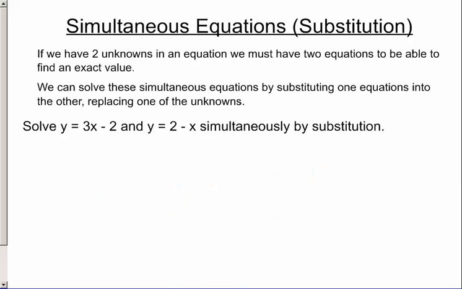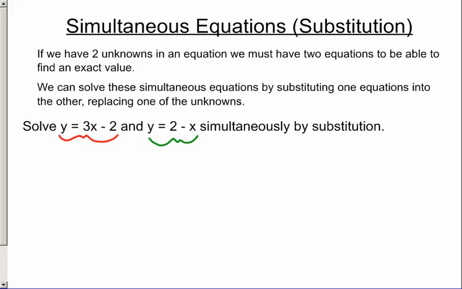In this third and final example, we again have two equations. They are both of the form y equals something. So if they're both of the form y equals something, both 3x minus 2 and 2 minus x are equal to y. If they're both equal to y, it means they're equal to each other.